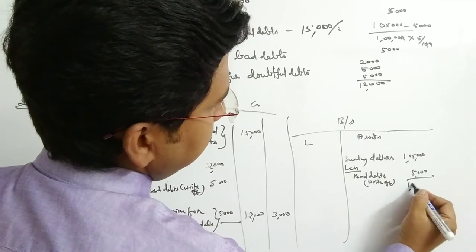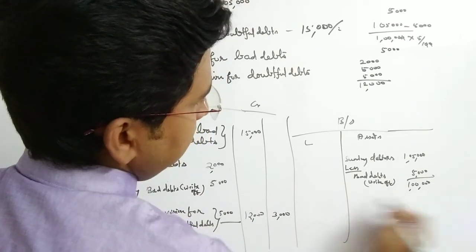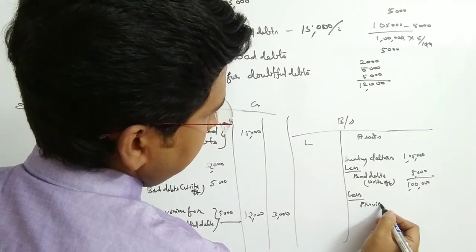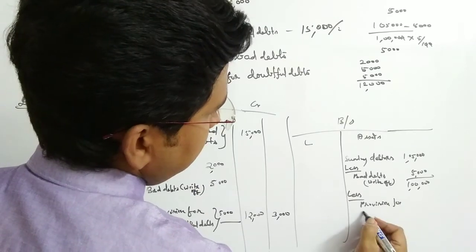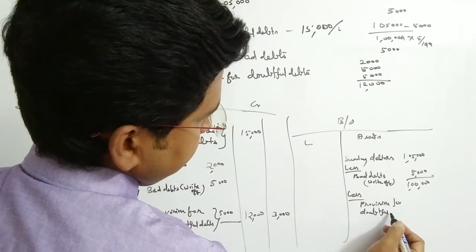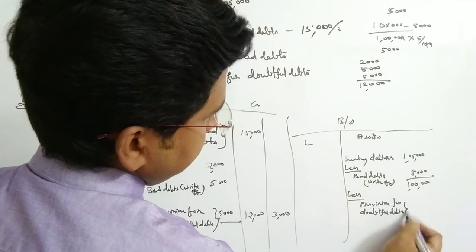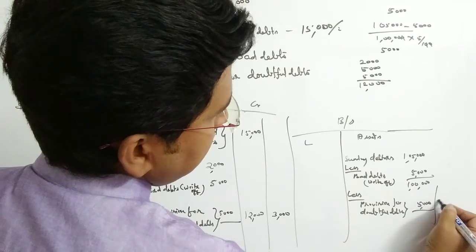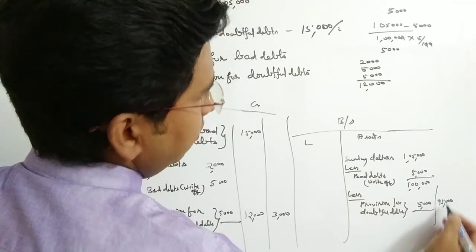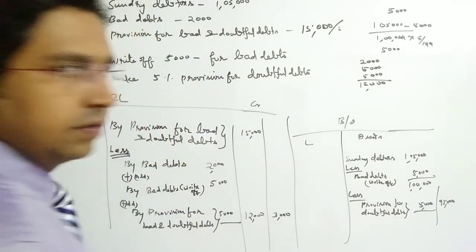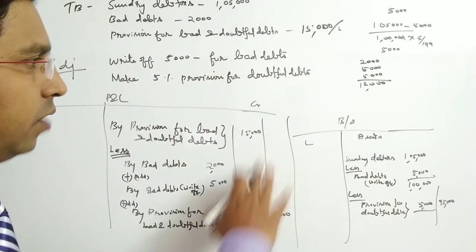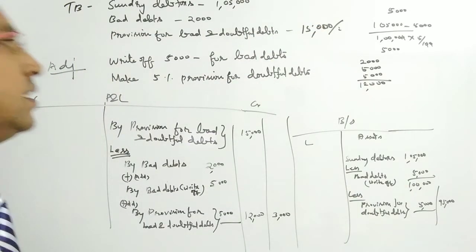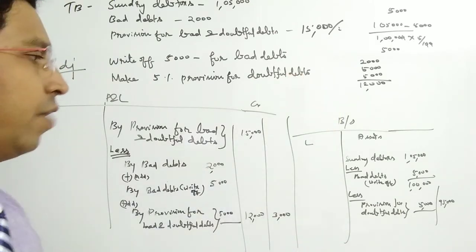After subtracting it, what is the value? 1 lakh, isn't it? Again we are subtracting the provision for doubtful debts, 5,000. So you can write the balance value, that is good debts, 95,000. That is how we have to make the treatment if the trial balance provision is higher than the computed required provision.